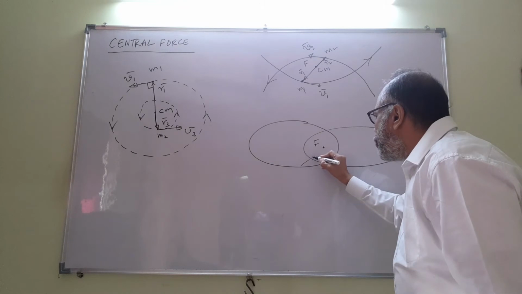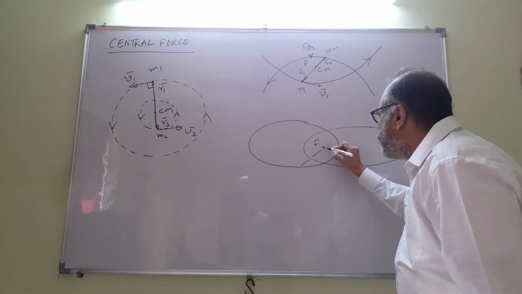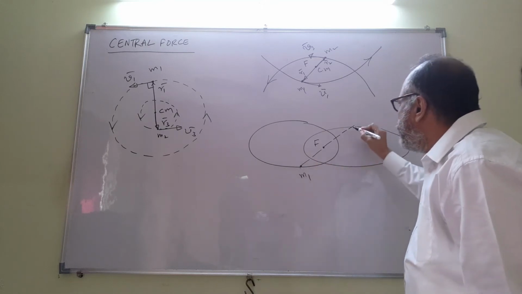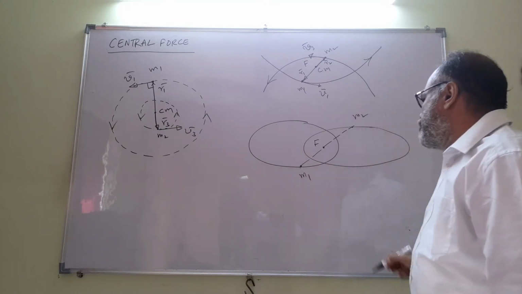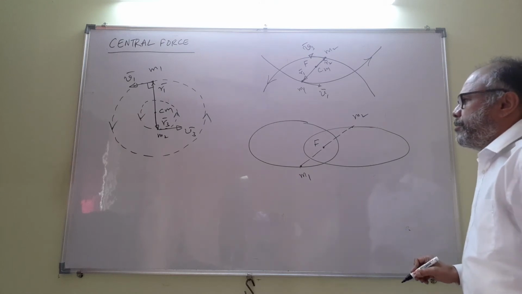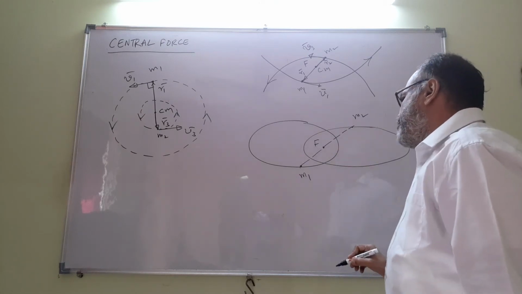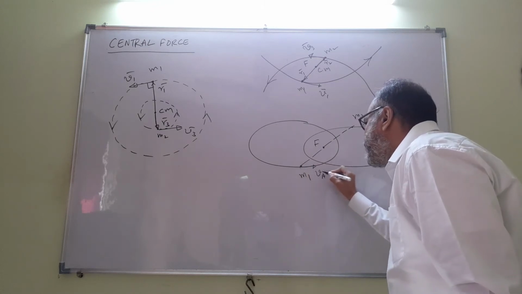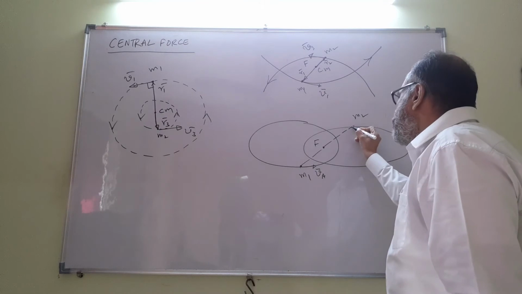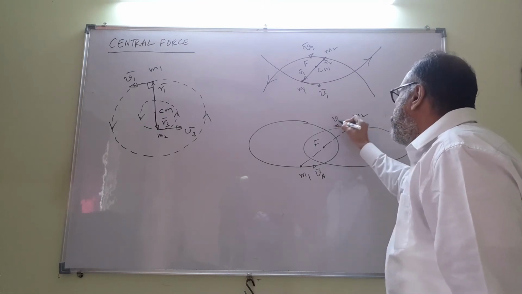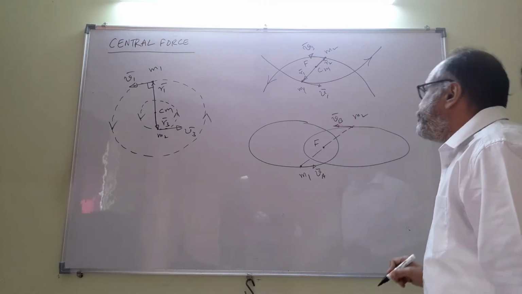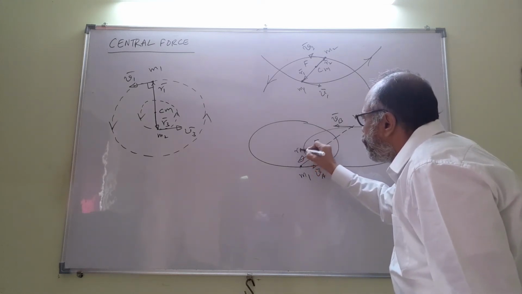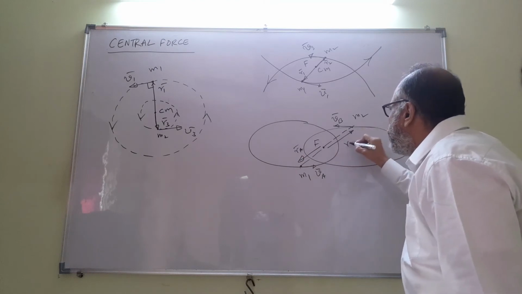So if I draw a line like that, if m1 is somewhere here, m2 would be somewhere here. The common focus becomes the center. If m1 is moving with the velocity, say va, like that, m2 would be moving with the velocity vb, like that. And if this is ra and this is say rd.